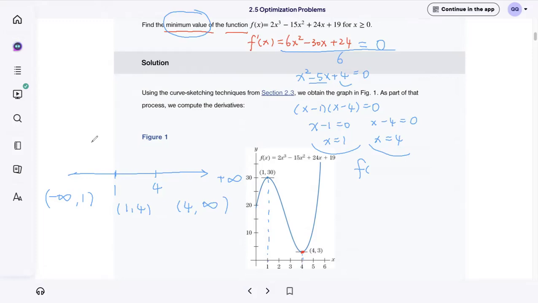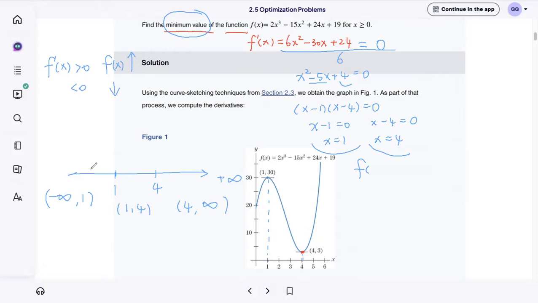Typically, we remember we have the first derivative test. If the derivative at such an x value is positive, the original function increases. If it's negative, the original function decreases.